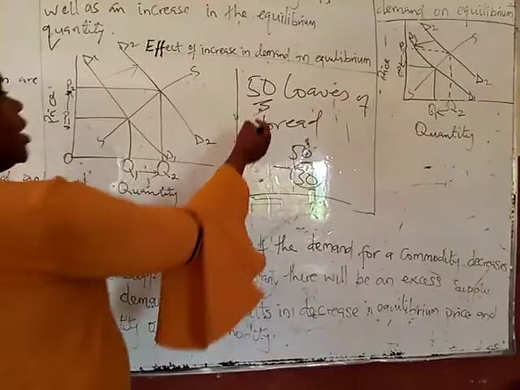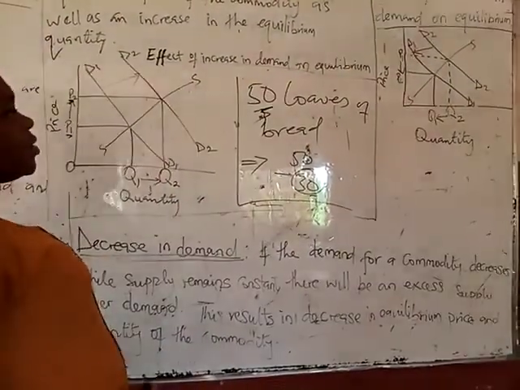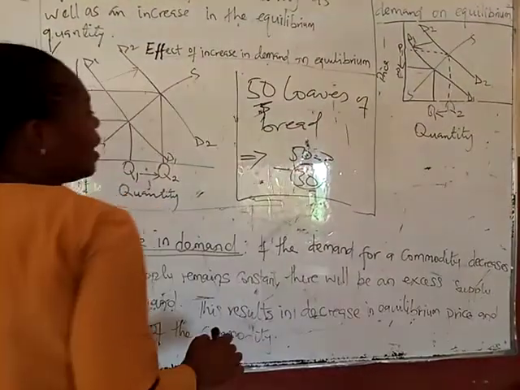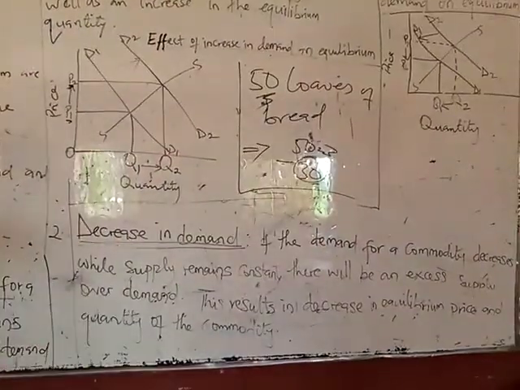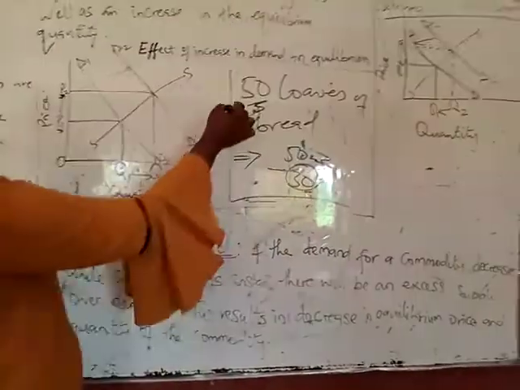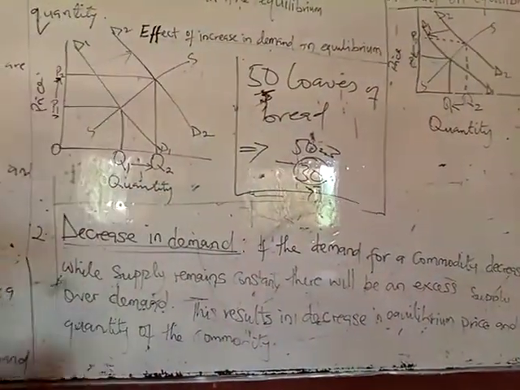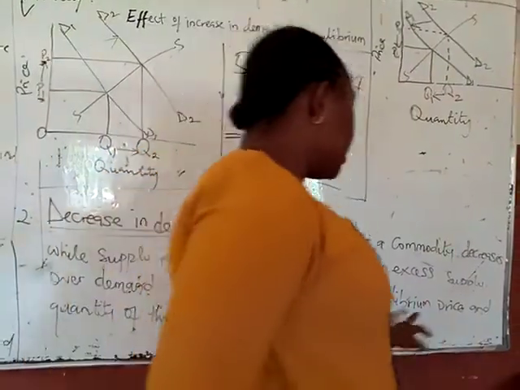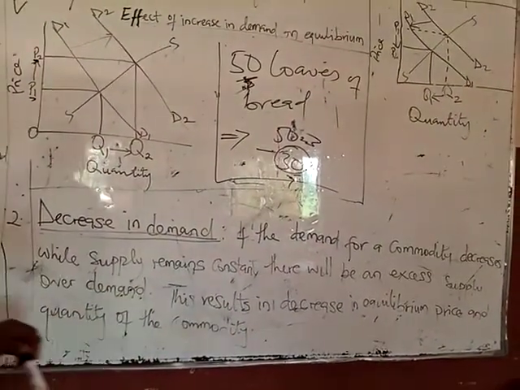Looking at this illustration, the supply is still 50, but the total quantity demanded reduced from 50 to 30. In that case, supply is now more than demand. This results in a decrease in equilibrium price and quantity of the commodity.